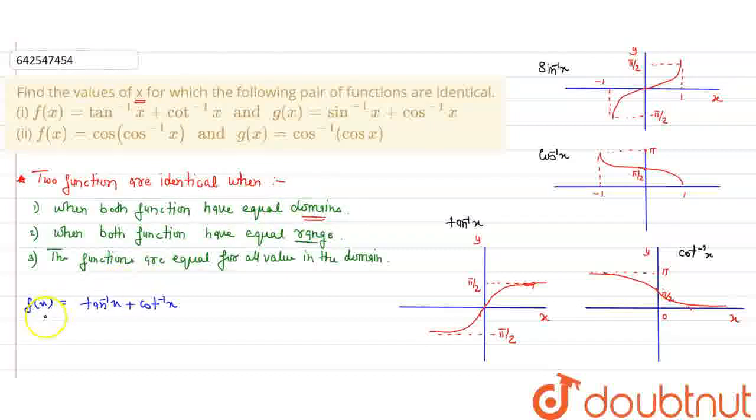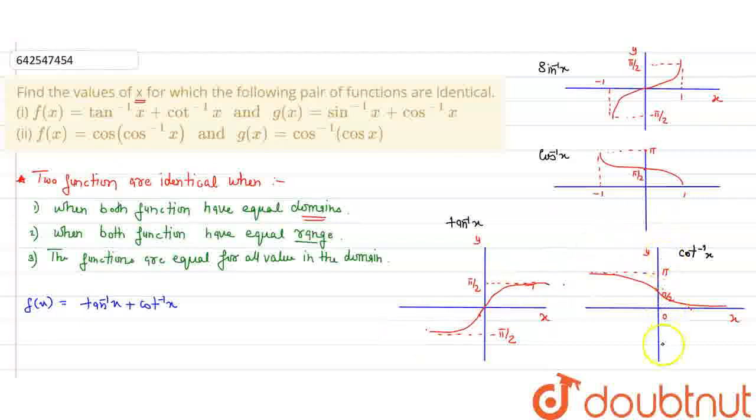So as we can see, the first function, that is f(x), is tan inverse x plus cot inverse x, right? I have drawn the functions of cot inverse x and tan inverse x. As we can see, tan inverse x will be defined for all real values of x, right?